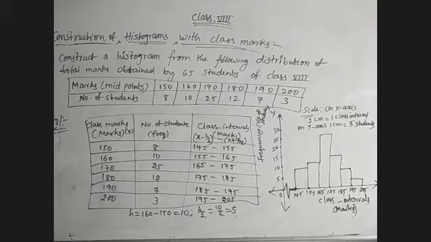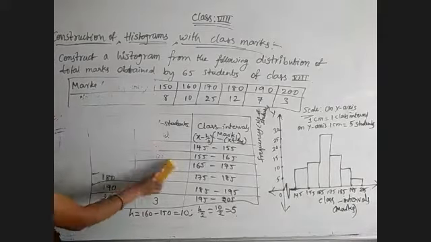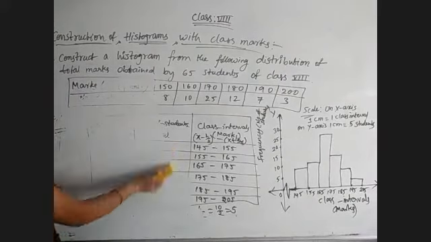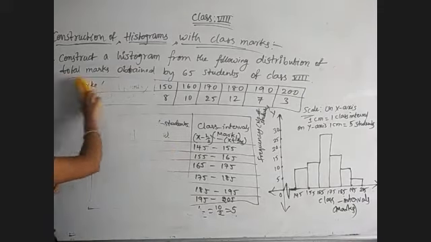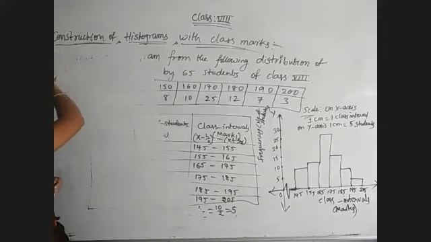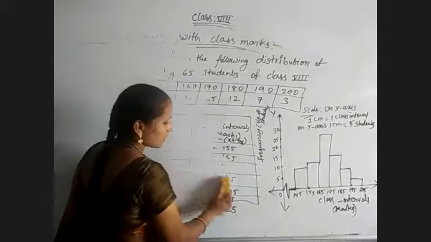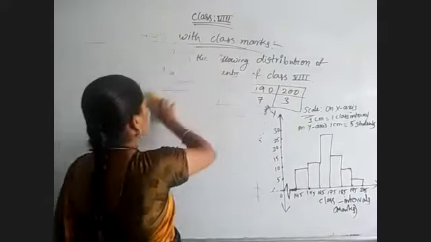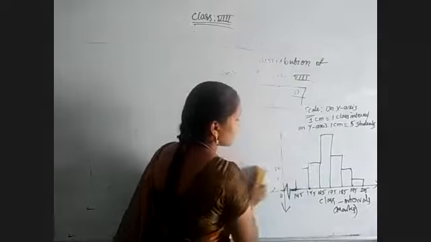Now coming to the next type of histogram. Till now we have studied how to construct the histogram for exclusive classes, for inclusive classes, and with varying widths. And now for class marks also we have seen. Next, we will go through another type of representation of data: graphical representation of data using a frequency polygon.